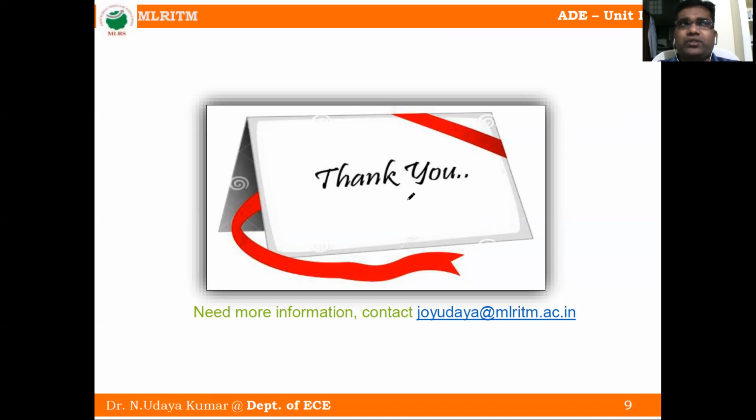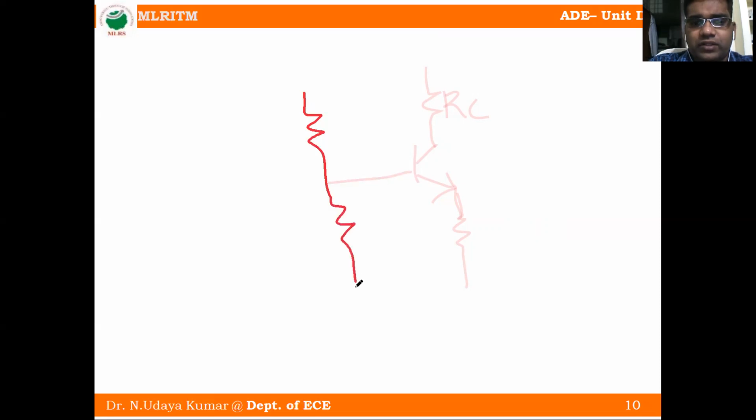So the circuit here. This is the transistor. So I draw this one. This is RC resistance. This is R1 and this is R2.